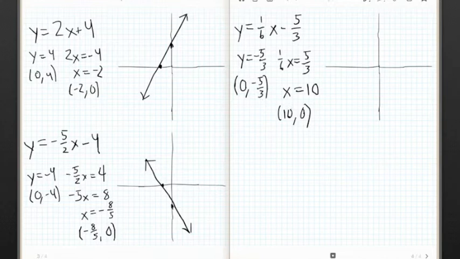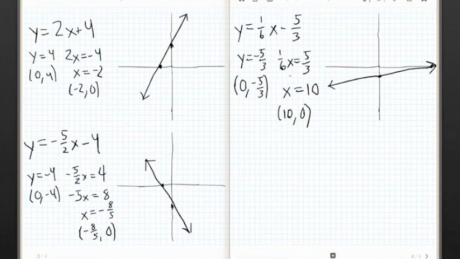Sometimes when you do this, you'll get points that are off the graph or almost off the graph. This is going to be, let's see, there's 0, negative 5 over 3, 10. I think 10 will be right here. So that's a risk when you use this method, is that you're going to get an intercept that is off the graph, in which case you either can't use this method, or you'll have to draw in an interval, put a number here, as we did. I believe we did that once.